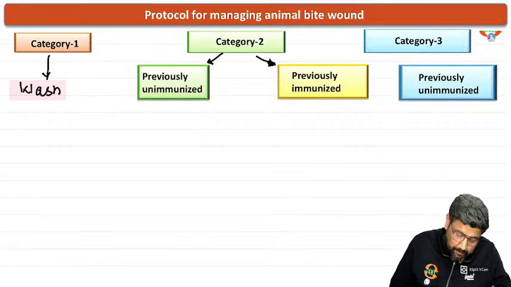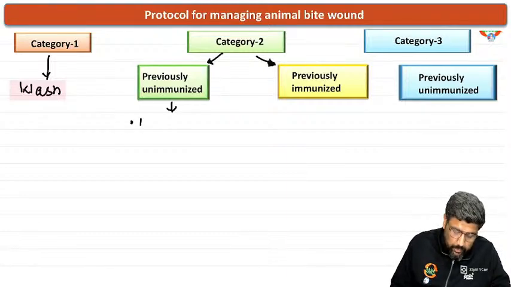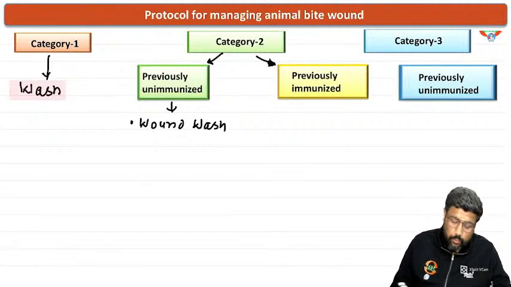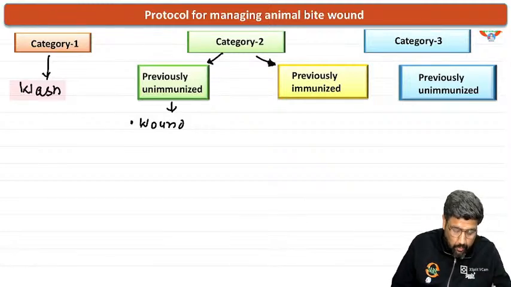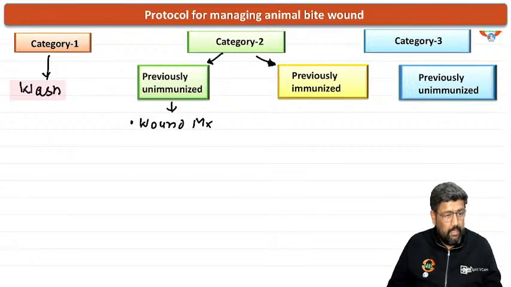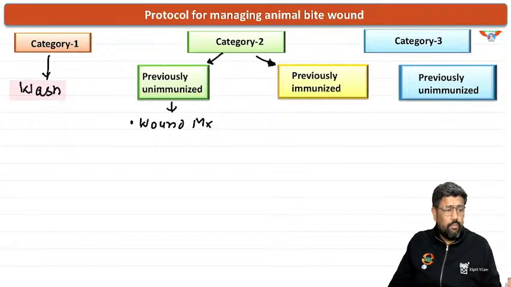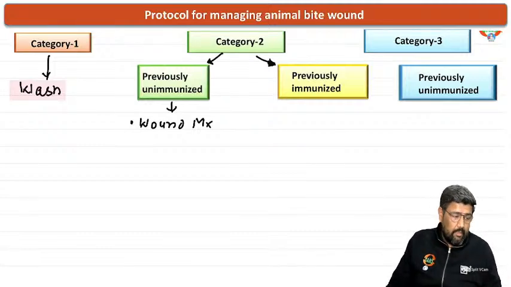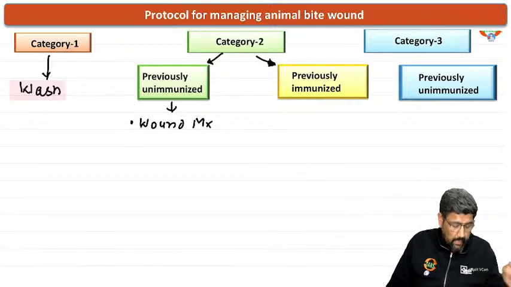If the patient is previously unimmunized, you are going to do wound wash. Better to write here wound management, because wound management includes wound washing, povidone iodine, avoiding suturing, antibiotics, tetanus, right?